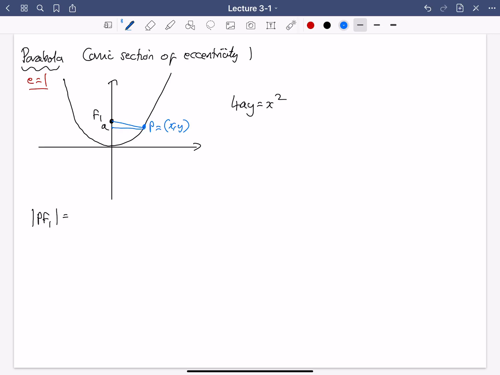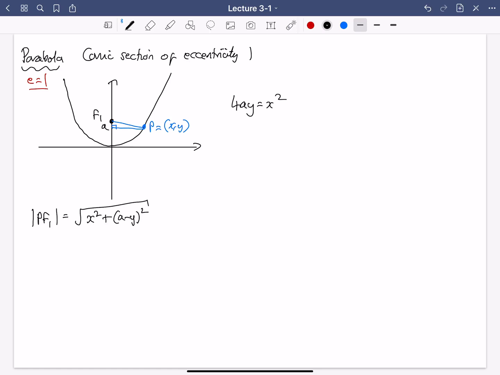I always manage to get a very skinny triangle when I do parabolas. So what have we got here? PF1 is the hypotenuse of that triangle. So we need to know this, well, that's just x, right? So the hypotenuse's length by Pythagoras is the square root of x squared, and then I need this height, so that's not y because that's a, so that's actually a minus y.